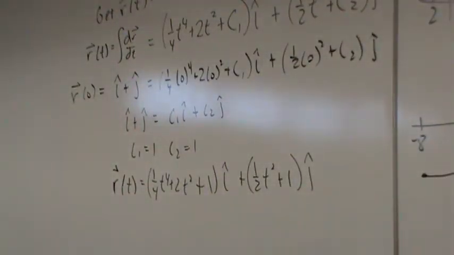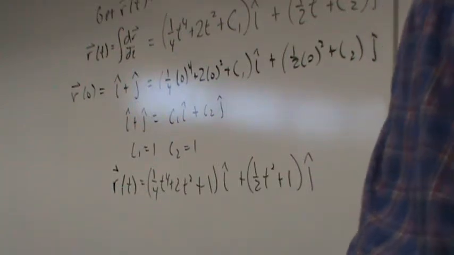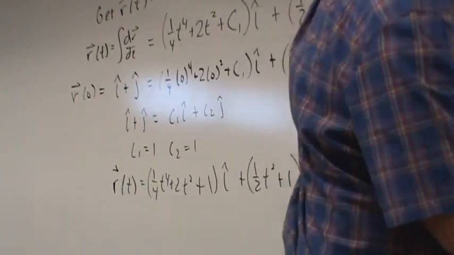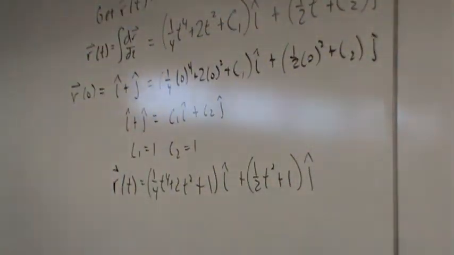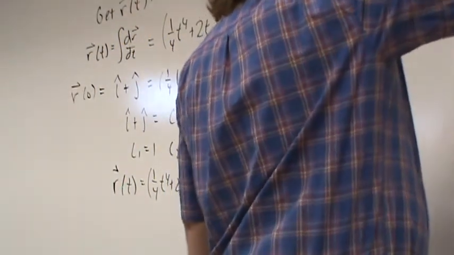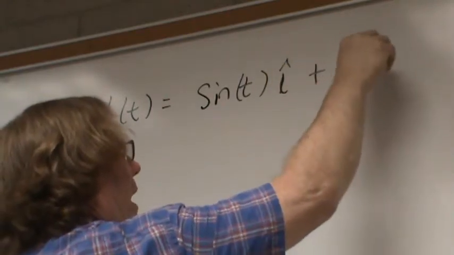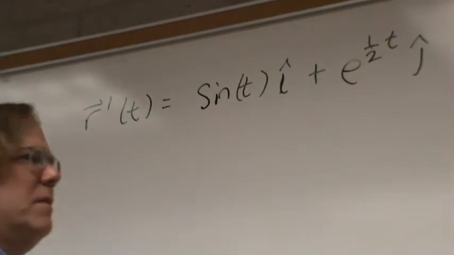So let me have you do one. What if I gave you this? r prime of t is equal to sine of t i plus e to the 1/2 t j.